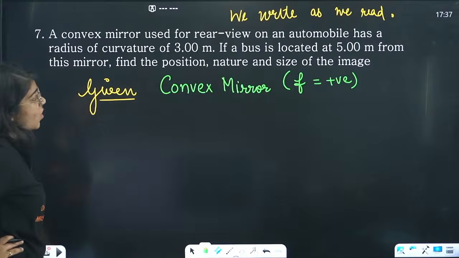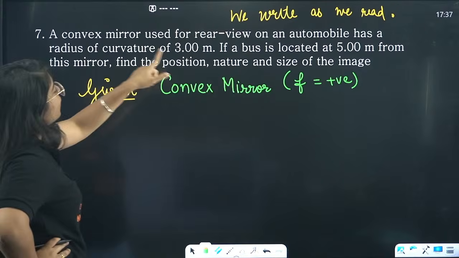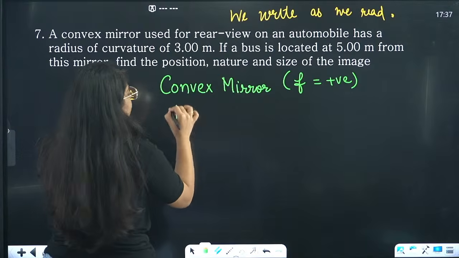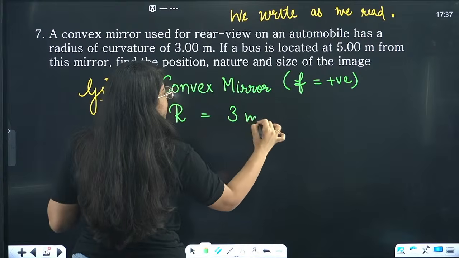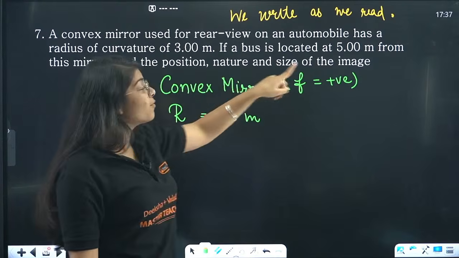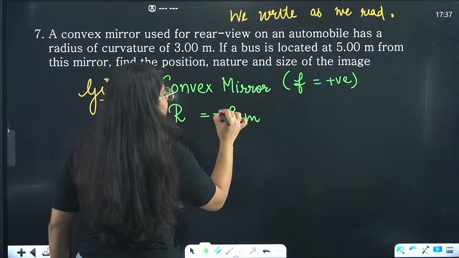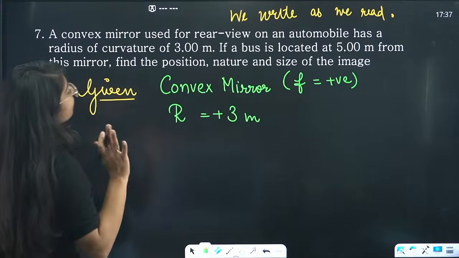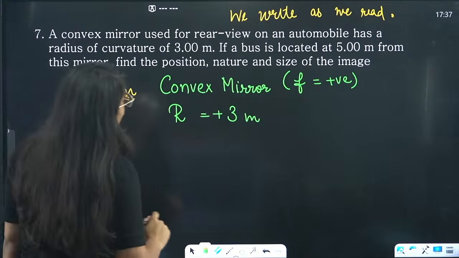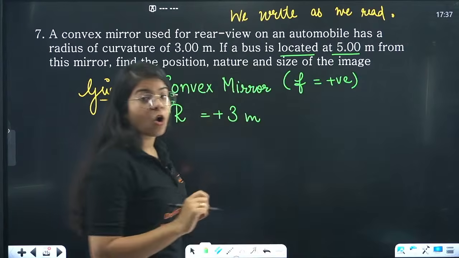Used for rear view on an automobile, has a radius of curvature of 3 meter. So we are given the radius of curvature as 3 meters. Now remember, convex mirror focal length is positive, so radius of curvature is also positive. Done. If a bus is located at 5 meter from this mirror, now remember that this bus is our object.